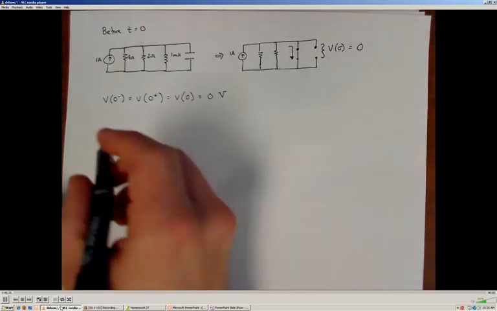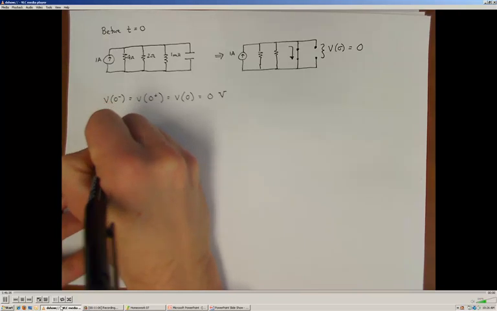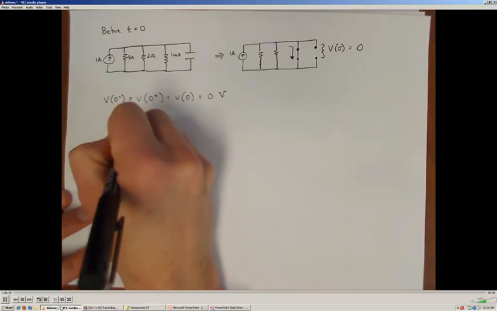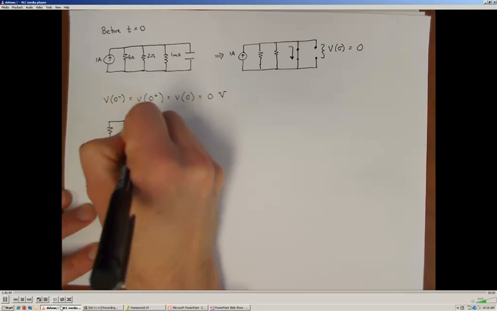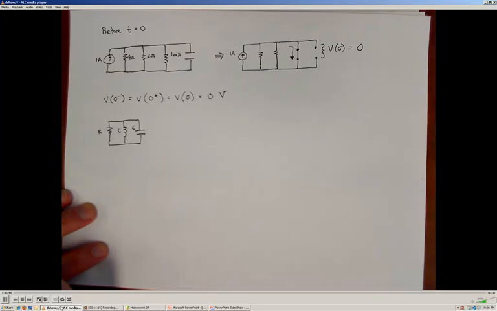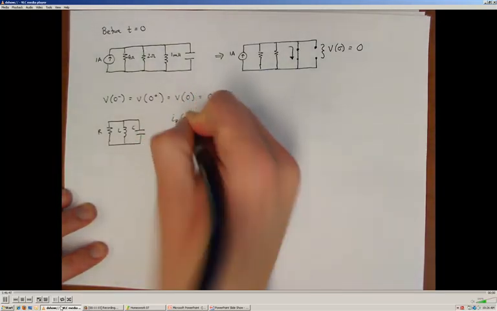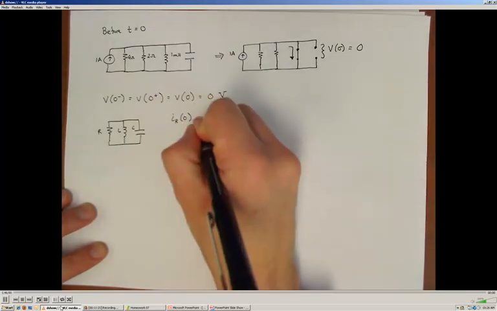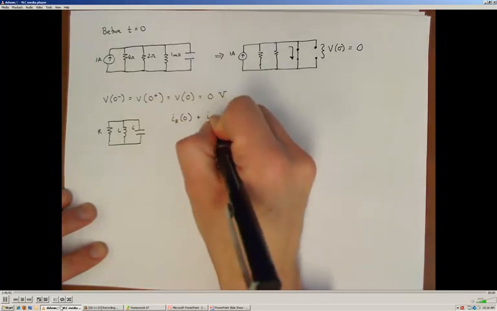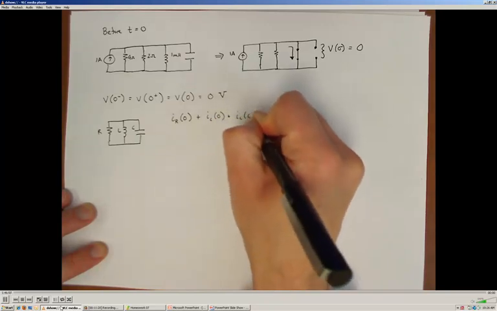Right after the switch opens, our circuit is going to look like this. We have R, L, and C. And our current balance at time 0 is the current through the resistor plus the current through the inductor plus the current through the capacitor, which has to sum to 0.